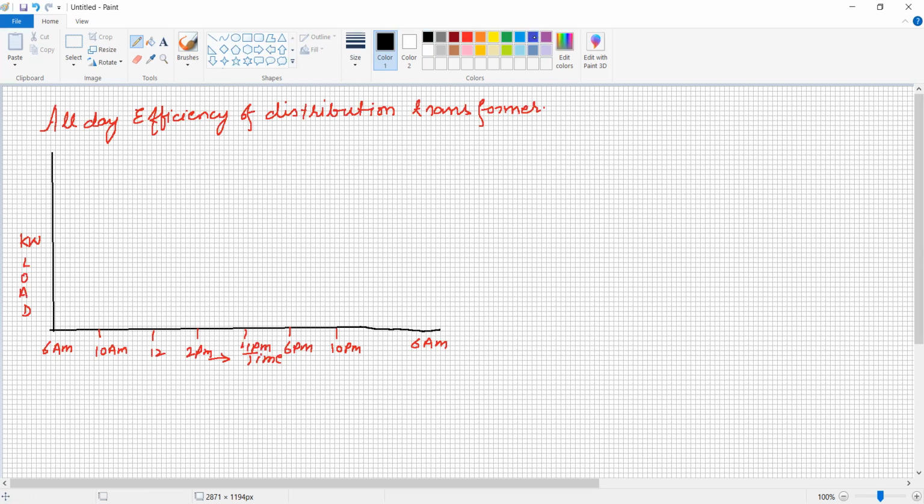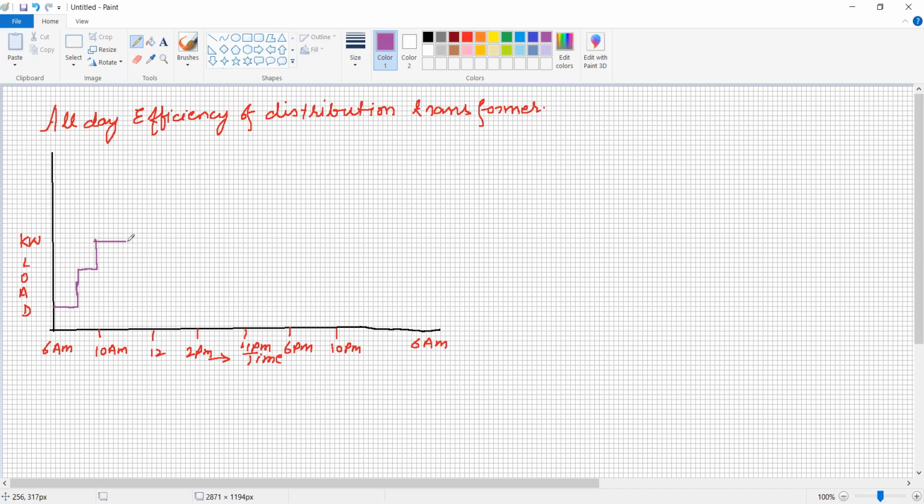Now, if you observe the load on the transformer in our colony or somewhere, we find that in the morning time the load is small, but it will start at say 8 a.m. Your kitchenware is started, at 10 a.m. offices and work start, and the shops are open.